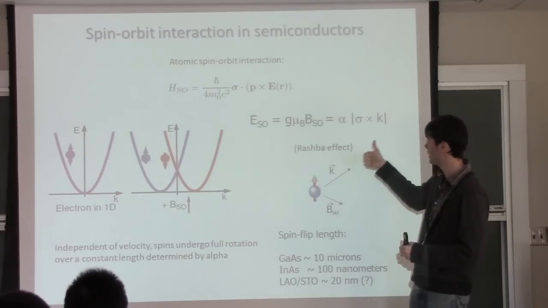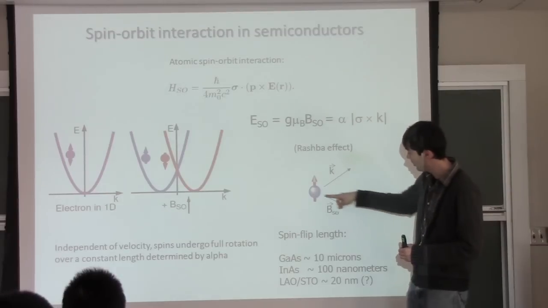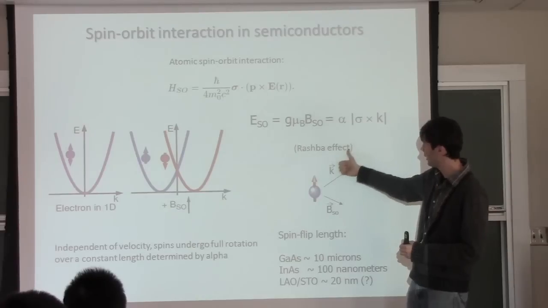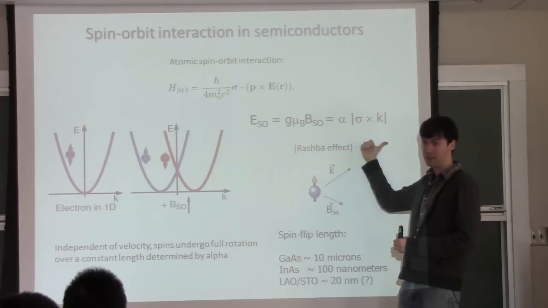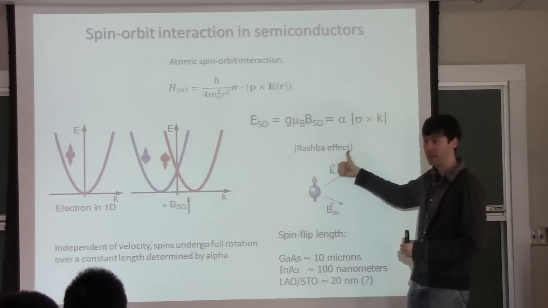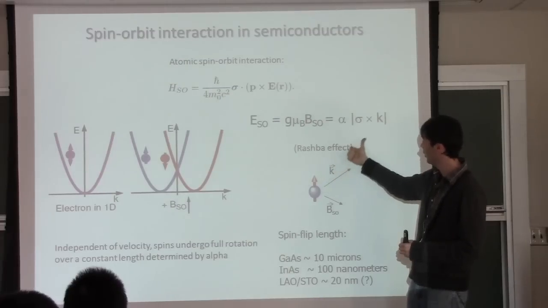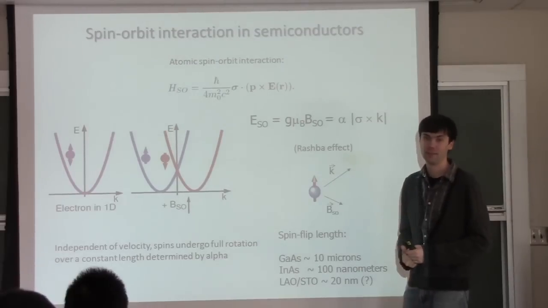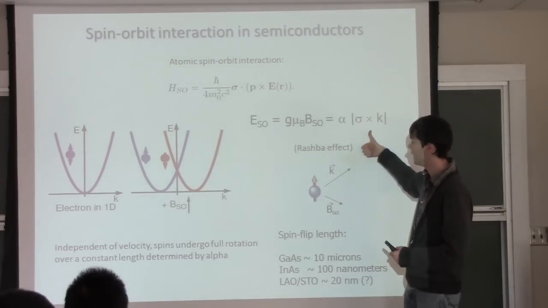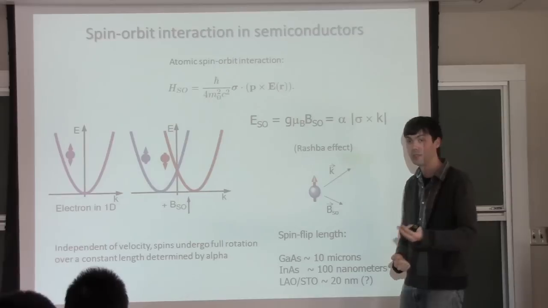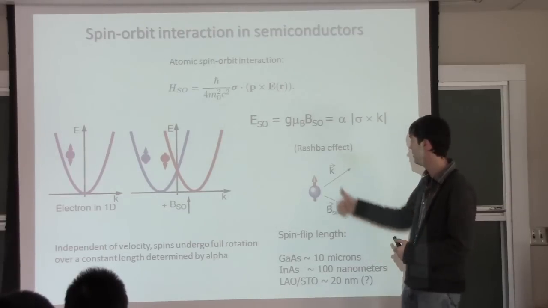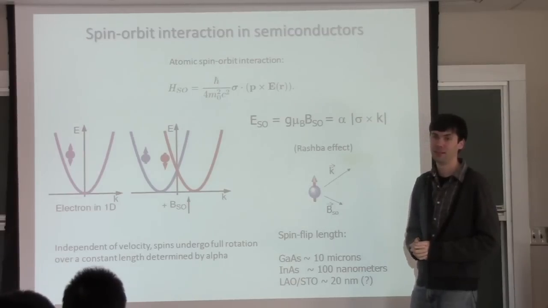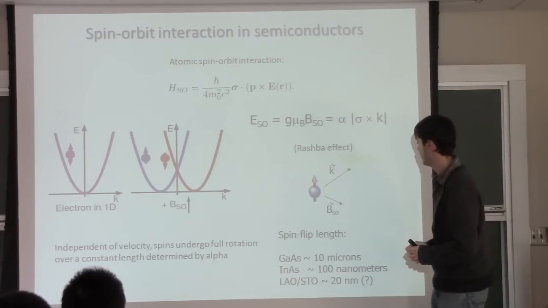So if a spin starts like that, the spin-orbit field is pointing like that, and it's flying like that in a straight line, it will rotate constantly. And after traveling a certain length, it will rotate by 2 pi and come back to the same orientation. That would be the spin-orbit length. Sometimes it's defined as a spin flip length. That's half the full rotation, just the pi rotation of spin.